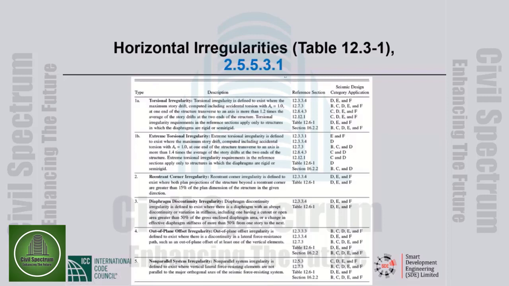So you have this problem, you have to comply with all those requirements. If you have diaphragm discontinuity irregularity, you have to comply with those requirements, only 2 as opposed to 6 here. Okay, so we are told exactly what we have to do. And this is what I want to take a look at with you.